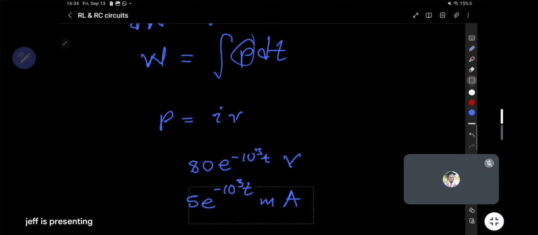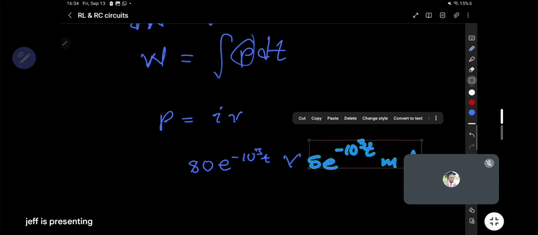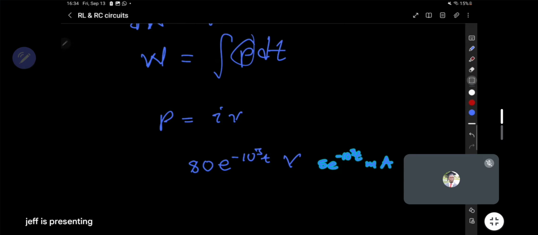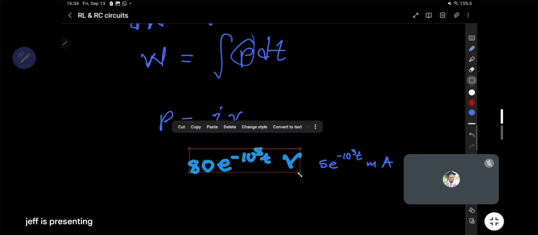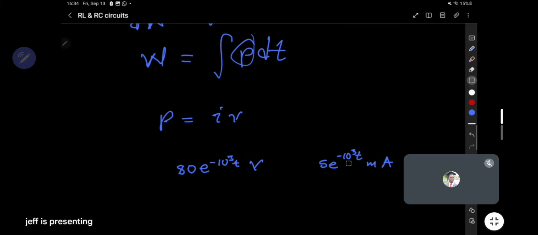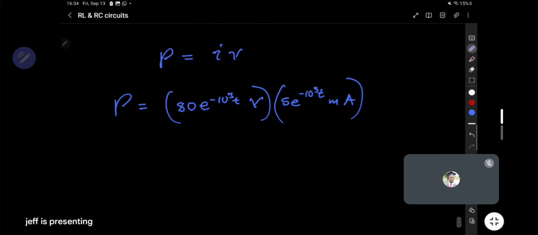So the voltage will multiply the current to give us the power. Just want to simplify this a little bit. The milli will make this the milliwatt. The volt and the amps will give us a watt. 5 will multiply 8 to give us 40, with that already existing 0 to give us this.